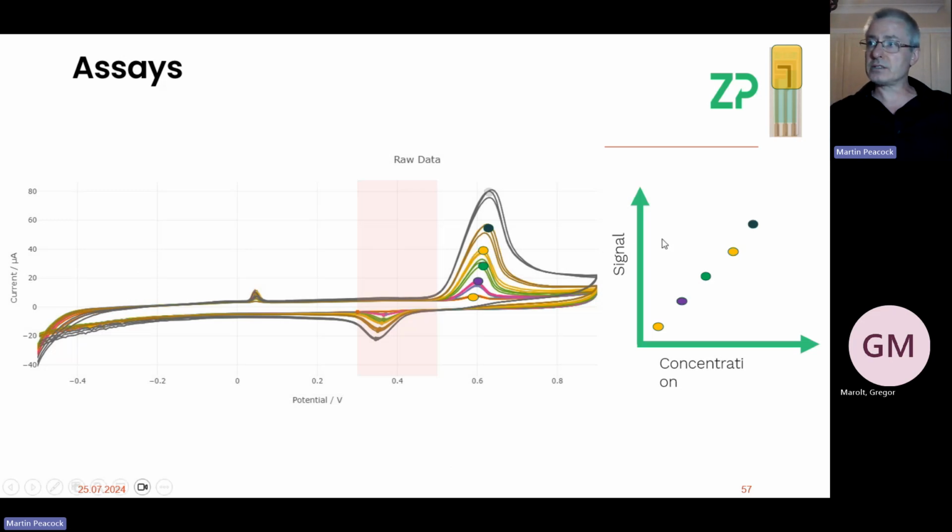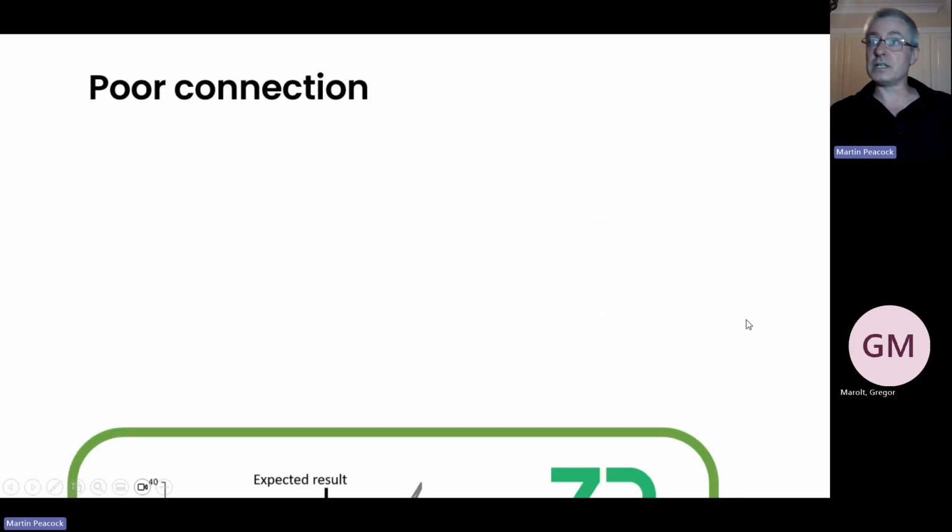And then the last 3 gray CVs, 3 screen printed electrodes, all tested at the same concentration. And you can see that they actually all give similar peak heights or area under curves. And it's that then that allows us to make assays upon these and make those assays actually into products, because our error bars due to the screen printed electrode to screen printed electrode variability is small.